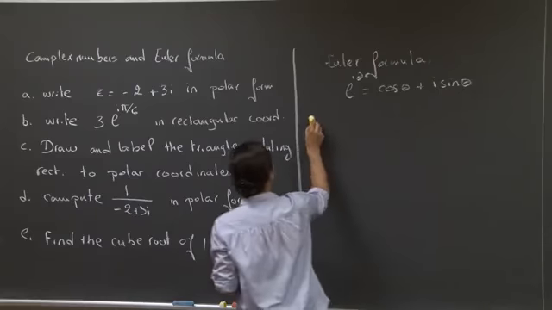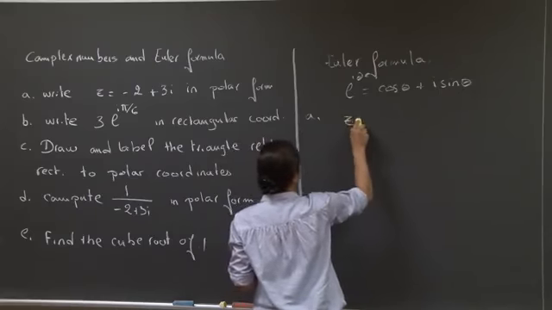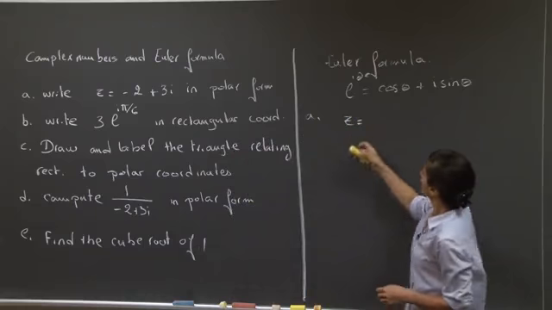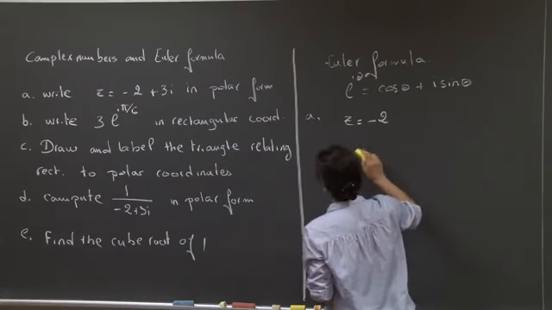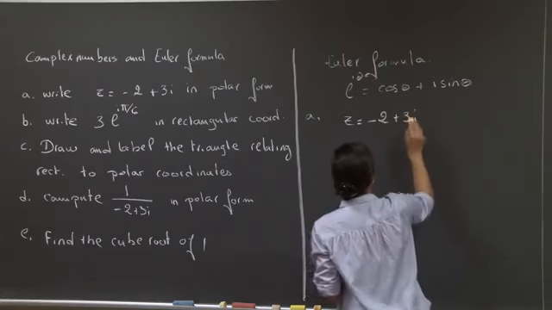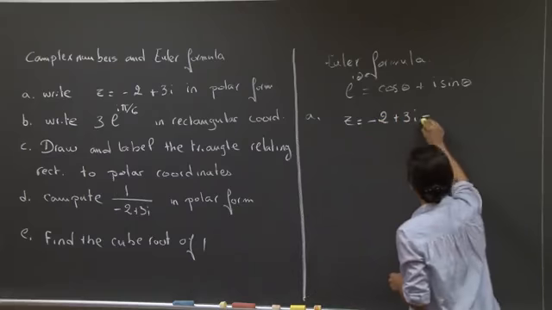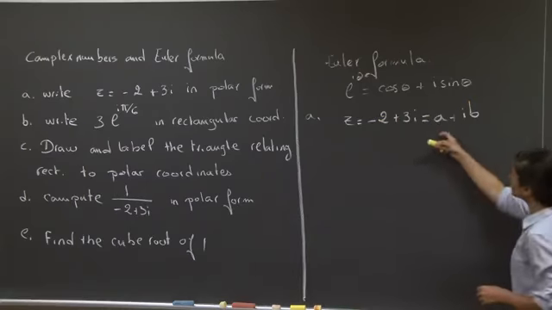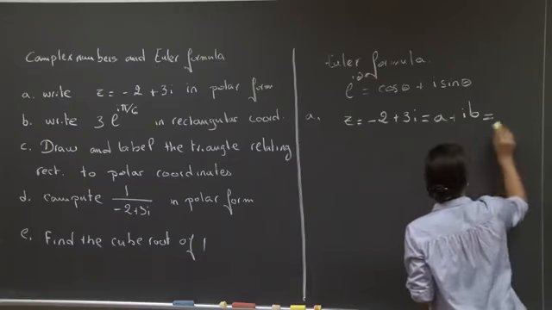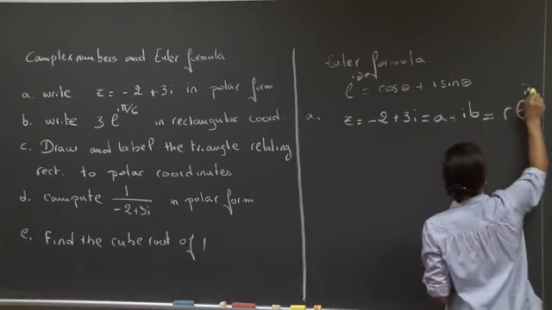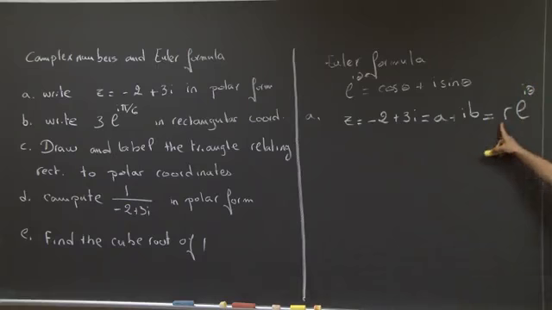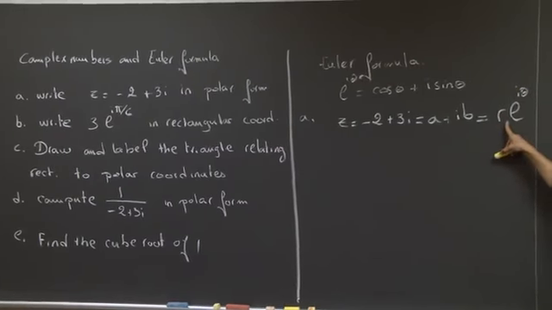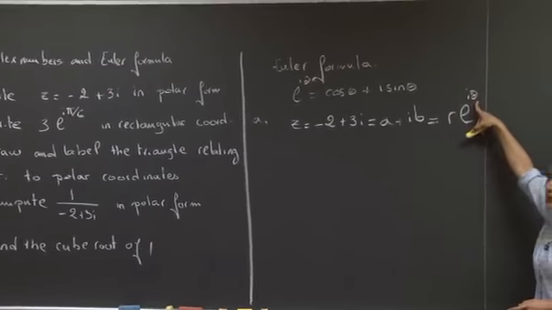So how do we tackle question A? Question A gives us a complex number in rectangular form, in this form a + ib, and we're asked to write it in polar form, which introduces the modulus of the complex number R and its phase theta.